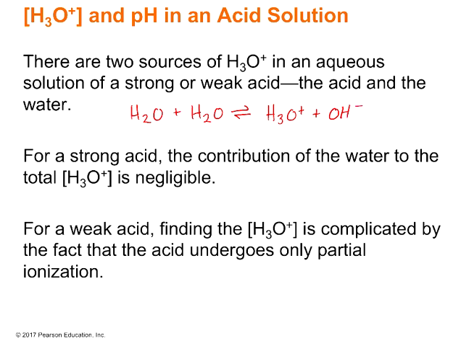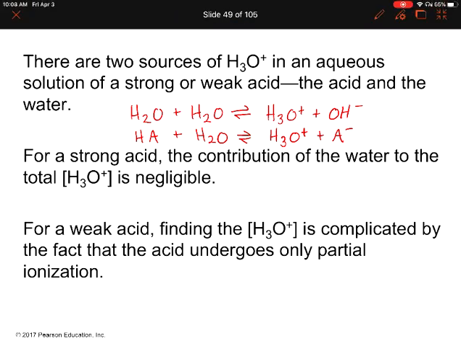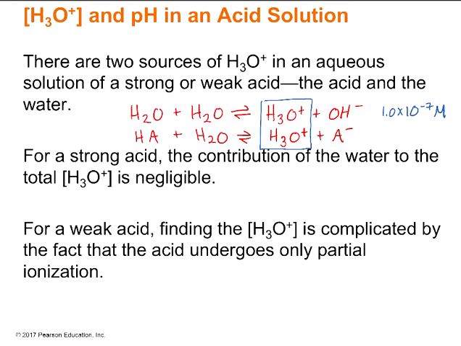So if you do add an acid to water, you'll also end up with hydronium ions and the conjugate base, but there are already some hydronium ions from the water itself. It's a really small amount. Remember that the concentration is 1 × 10⁻⁷ moles per liter. So it might not have that much of an effect on the overall concentration of hydronium ions in solution, but just keep in mind that there are two sources of hydronium ions.